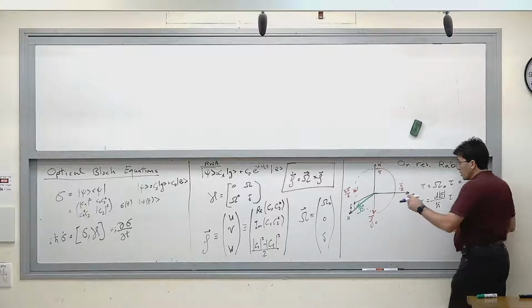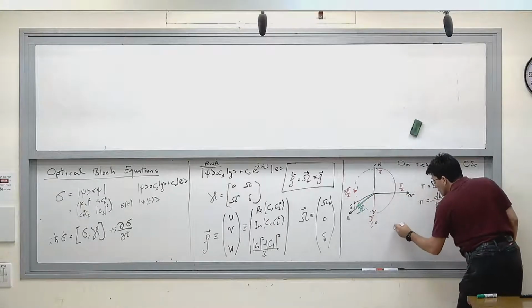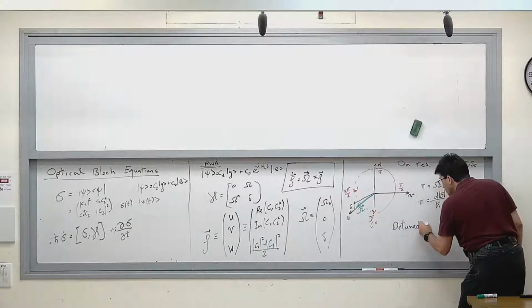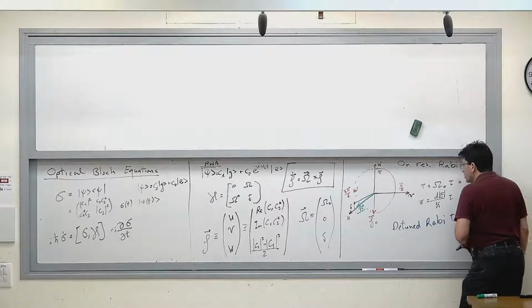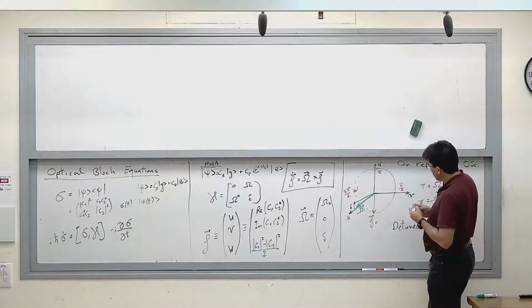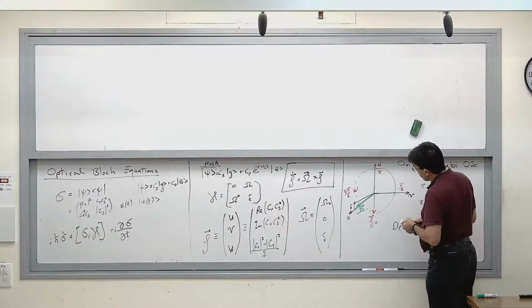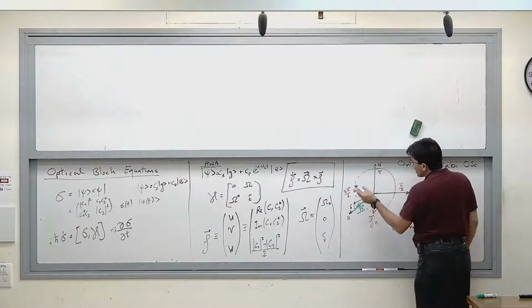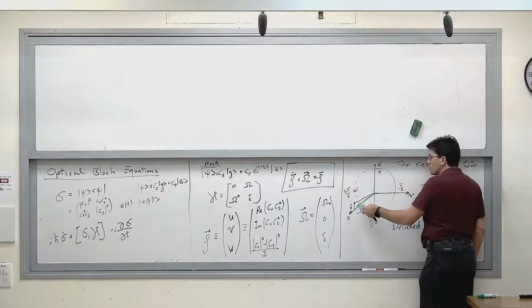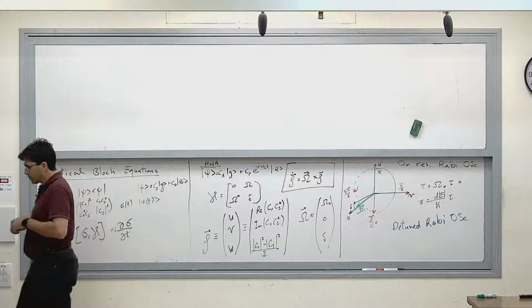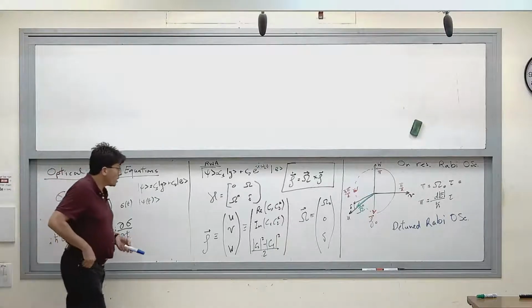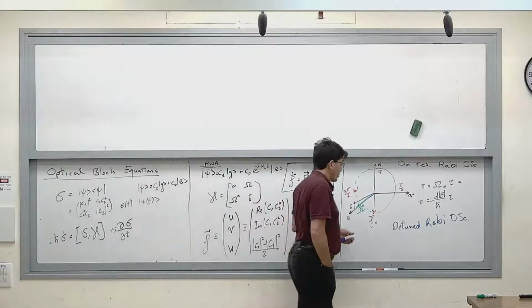So the blue case is the detuned Rabi oscillation. And in this case, I'm out of colors, but it's hard to draw. You are nutating around a vector that is not in the VW plane.